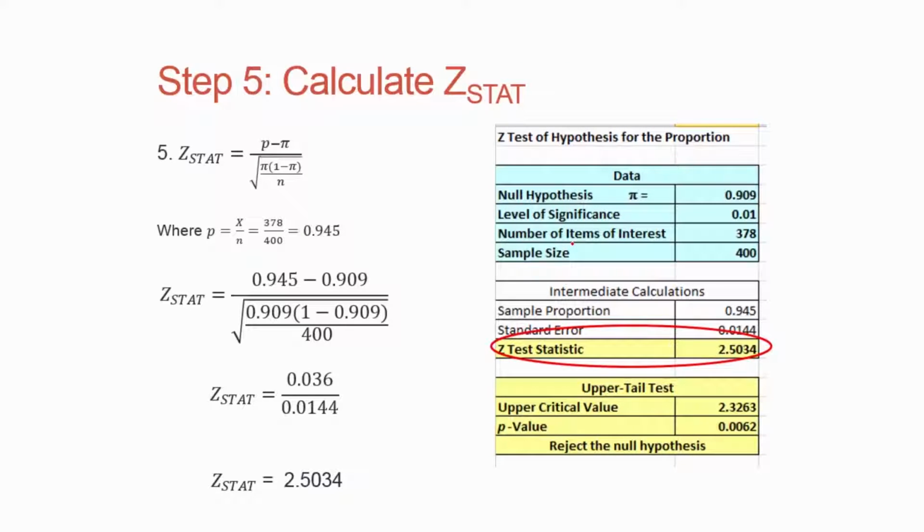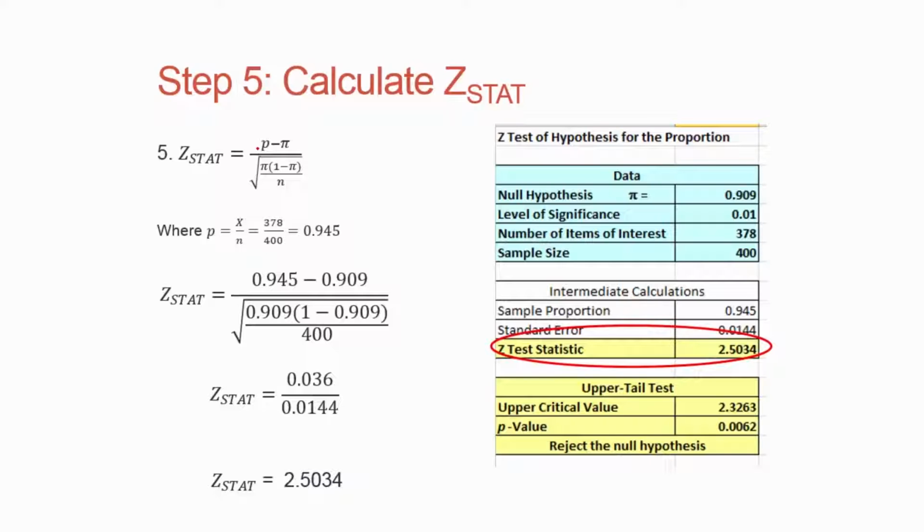Step 5, we use the formula, which says z-stat is equal to p minus pi over square root of pi times 1 minus pi over n, where pi refers to the population proportion, p is the sample proportion. To find the sample proportion, I just take x over n, 378 over 400, which is 0.945, and that's what I had as my sample percentage, 94.5.